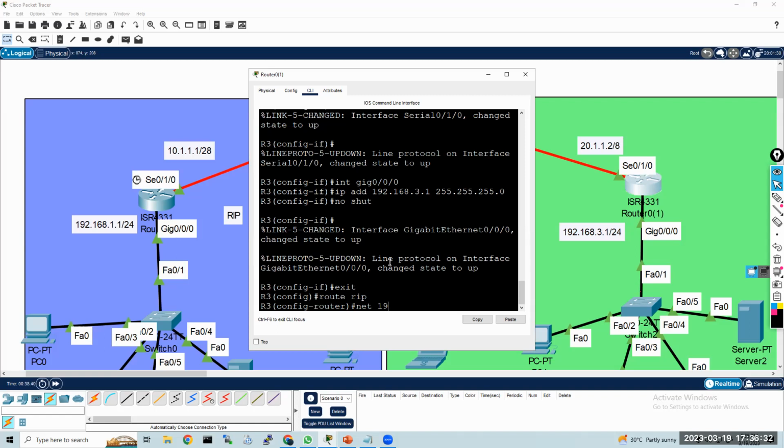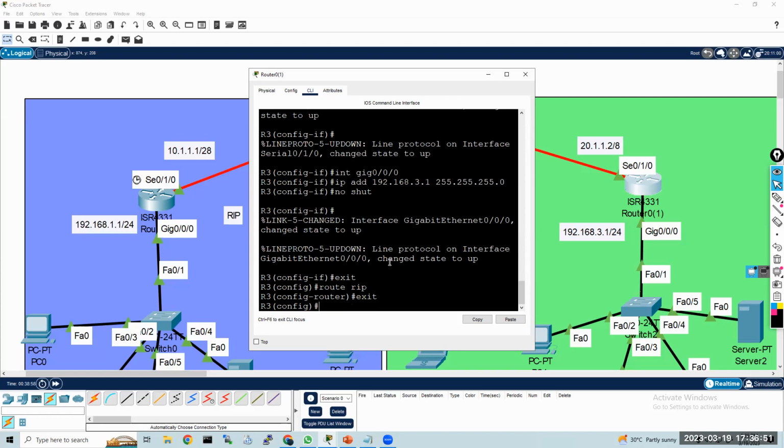No. So, okay. So how to remove that? You have to be in global config, right? Do exit. No. Router RIP.